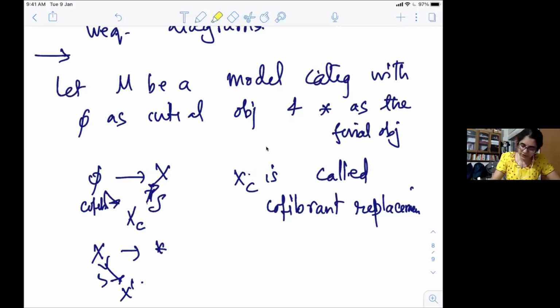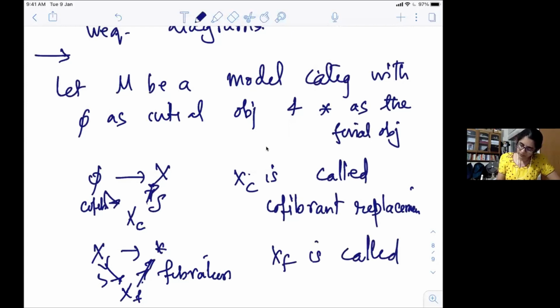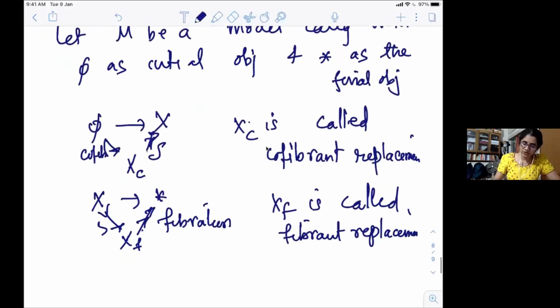And similarly, I have something called a fibrant replacement with an F put here, where this map now becomes a fibration. And X^F is called a cofibrant, I'm sorry, a fibrant replacement. And so this is the notation I had used earlier.